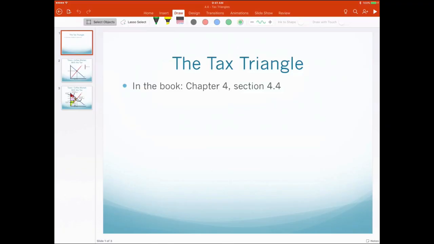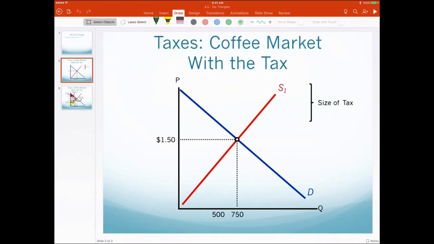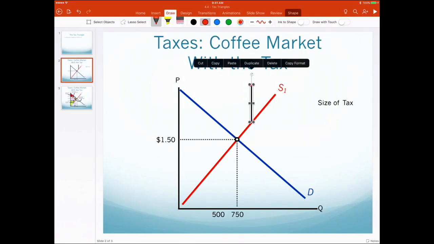Now, everything we did in class when it involved a tax involved shifting our supply curve, right? So that was essentially where we took the size of the tax, and went over here, we made a dot right here. We put in a dot here, and then we measured and we went down here.